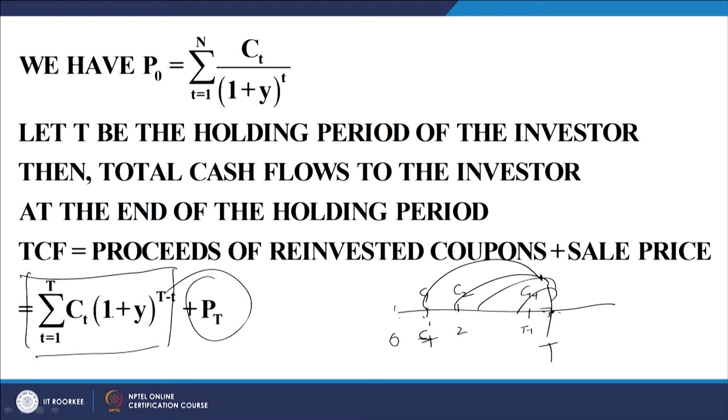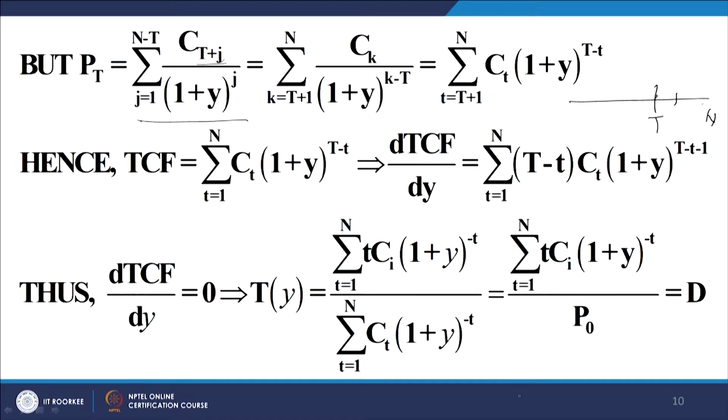Let us call this summation A and let us call this summation B. If you add A and B, A is the summation extending from 1 to capital T, and this is the summation of the same quantity extending from T plus 1 to capital N. So, when the two summations are taken together, A plus B, my summation index will run from 1 to capital N, and this will remain the same because it is the same in both cases.